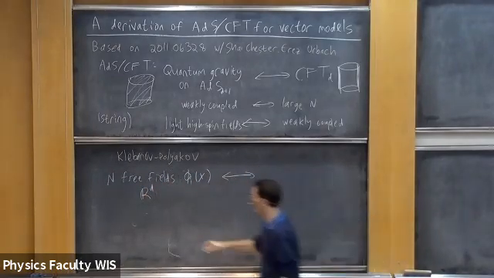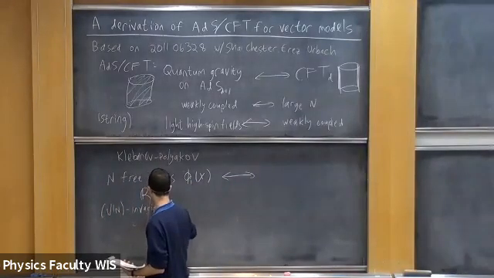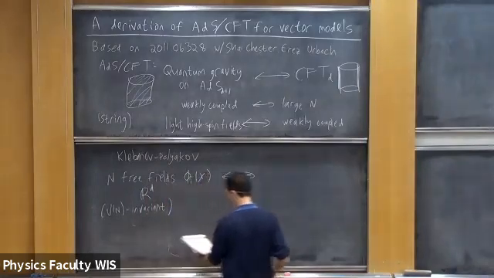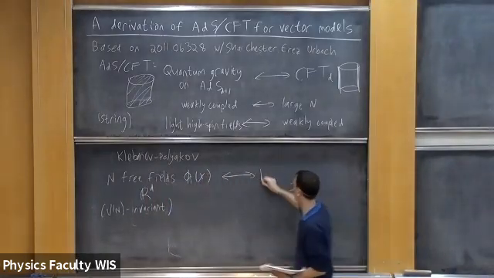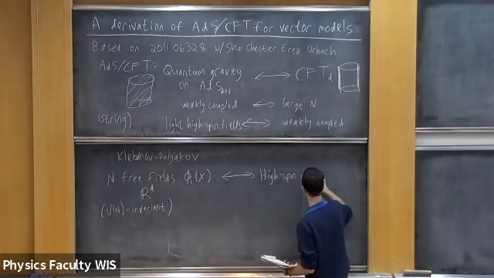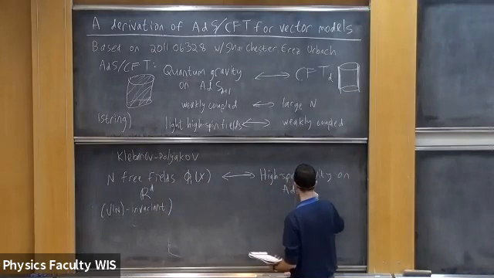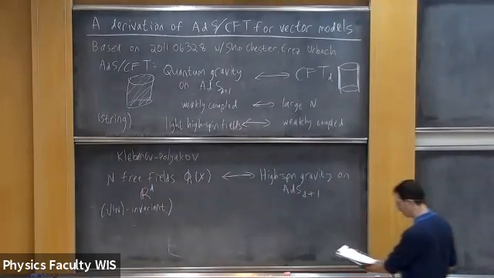And we're going to look at the U(N) invariant sector of this theory of N free fields. And that is believed to be dual to a high-spin gravity theory living on a d+1 dimensional anti-de Sitter space.